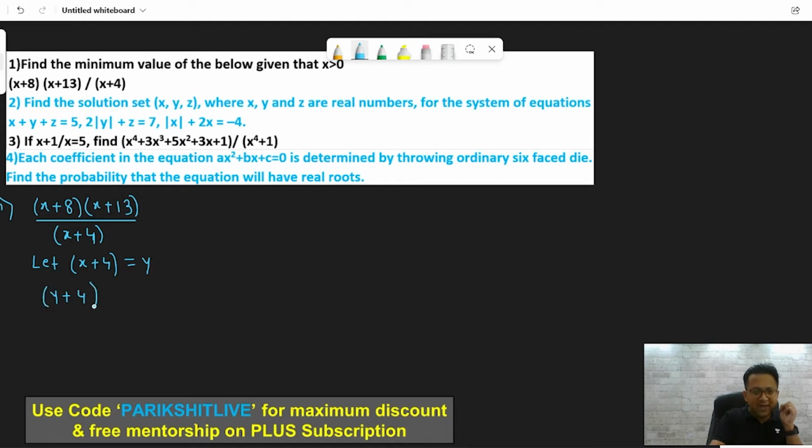Similarly, x plus 13 can be visualized as x plus 4 plus 9, that is y plus 9. Remember, x plus 4 is y. Can we solve this? Can you simplify? (y + 4)(y + 9) divided by y, that is y square plus 13y plus 36 divided by y.